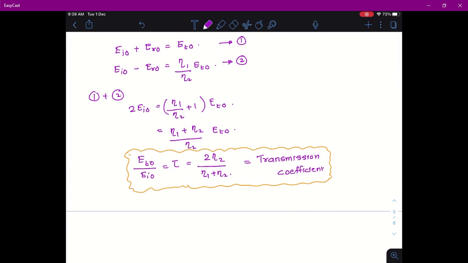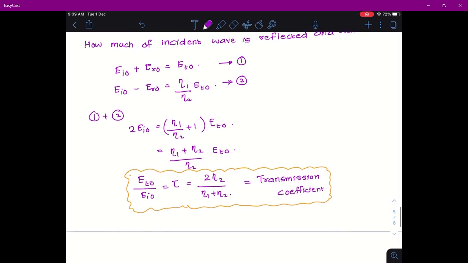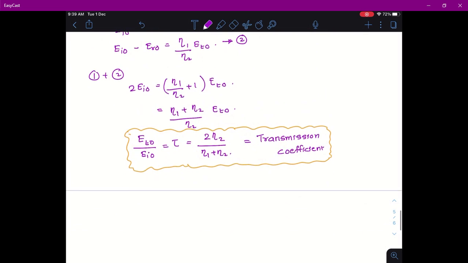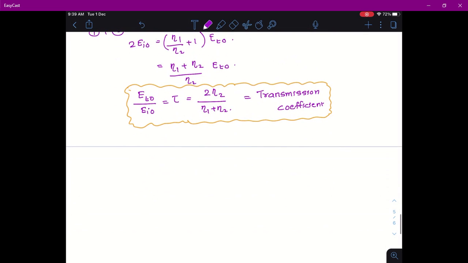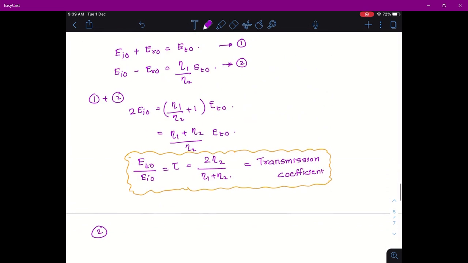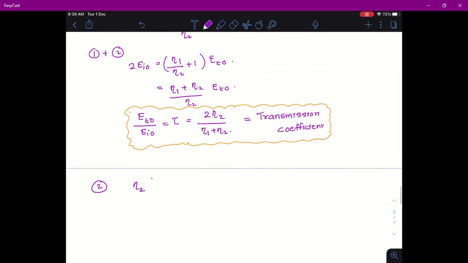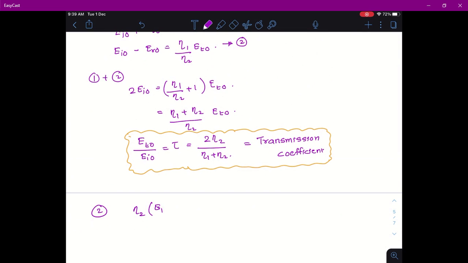Okay. So let's do one thing. From 2 you have eta 2 into EI0 minus ER0 by eta 1 is equal to ET0. This is equation number 3.